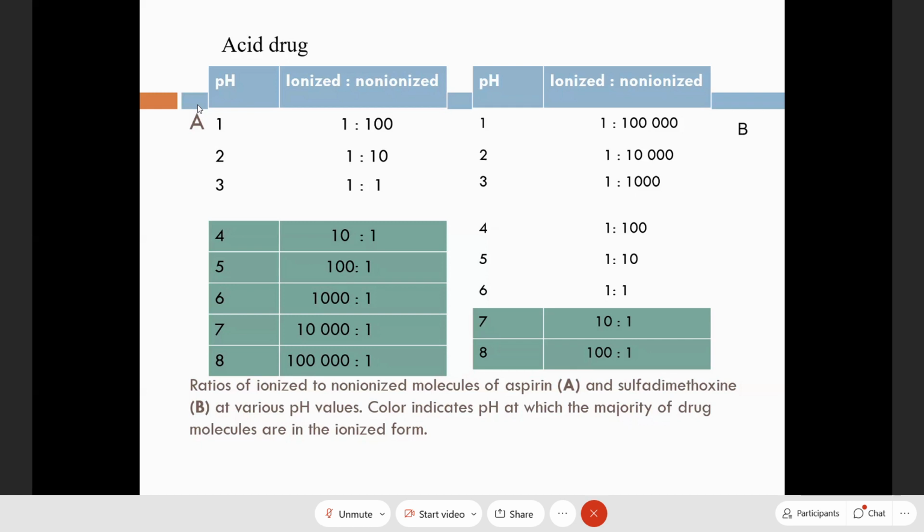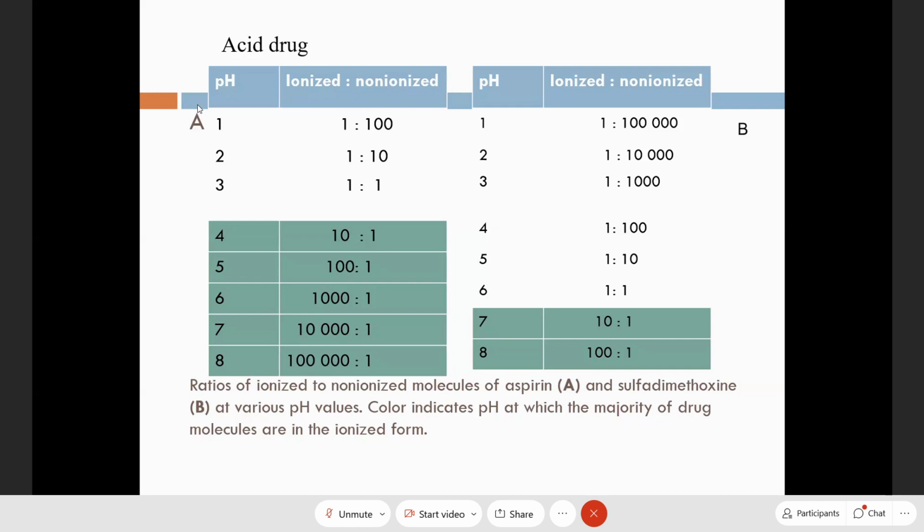So that is the reason I'm talking about lipid solubility, because the membranes are made of phospholipids. Only if a drug is lipid soluble will it be able to cross easily. Only the non-ionized form is lipid soluble.